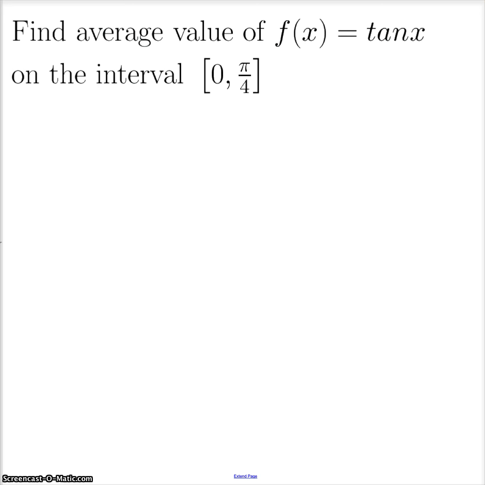Now the last thing we're going to do is find the average value. Find the average value of f of x equals tan x on the interval 0 to pi over 4. Now remember, the average value of a function is equal to 1 over b minus a, the integral from a to b, f of x dx.